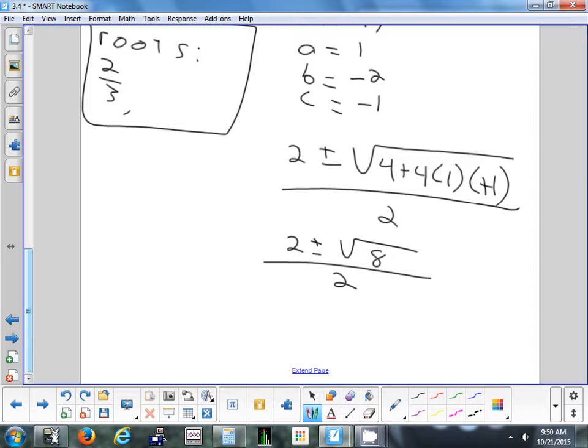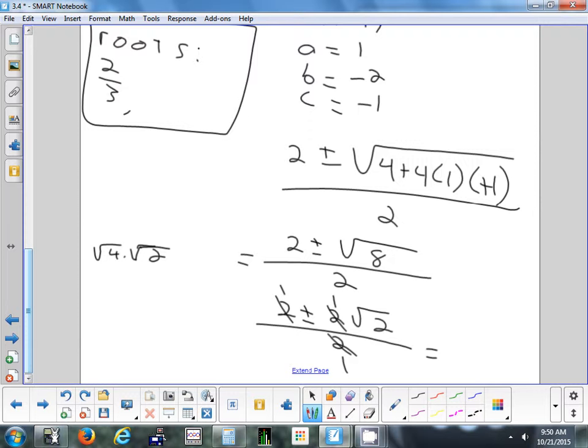And how does the square root of 8 reduce? Yep, you can write it as square root 4, square root 2. 4 times 2 is 8. And what's the square root of 4? 2. Square root of 2 over 2. And you can cancel a 2 from everything that's not under a root. Okay, so our final answer is 1 plus or minus square root 2.